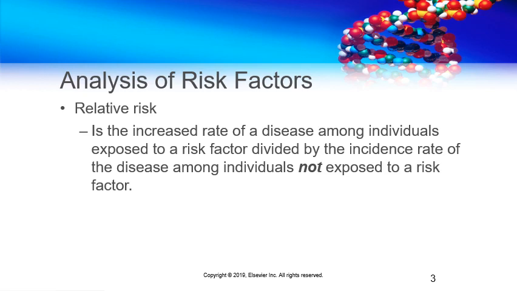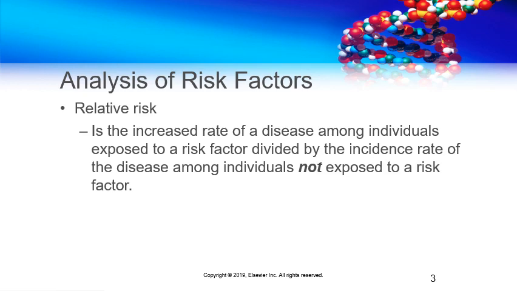So the book gives you an excellent example about how they figured out the relationship between smoking cigarettes and lung cancer. It compared the incidence of death from lung cancer in those that smoked versus those that did not. The death rate from lung cancer was like 1.7 per 1,000 person years in heavy smokers, but it was 0.07 in non-smokers.